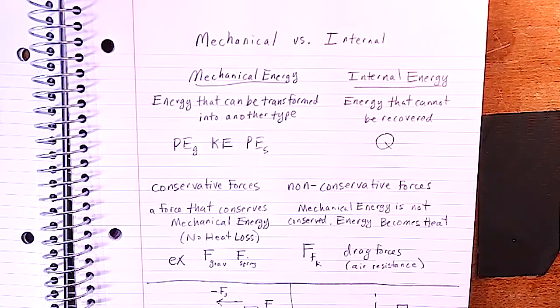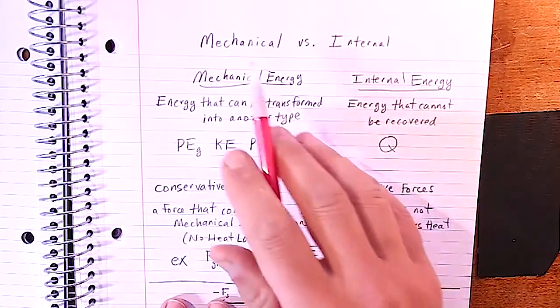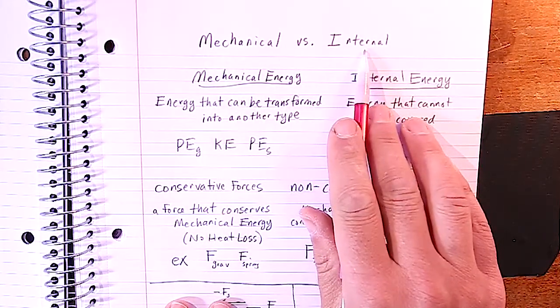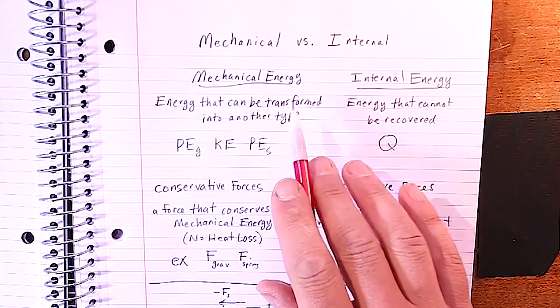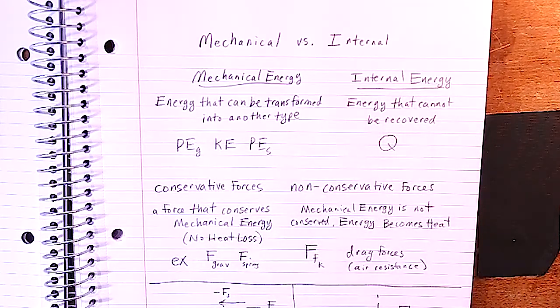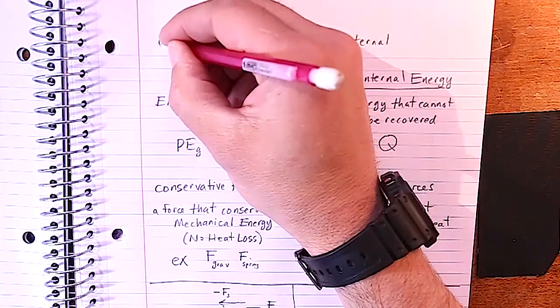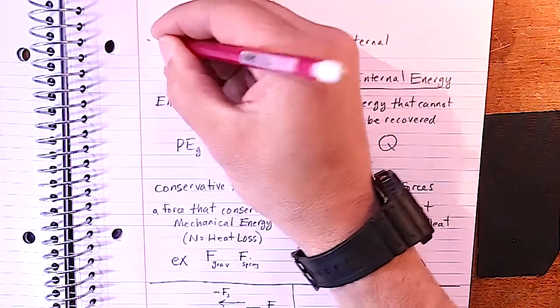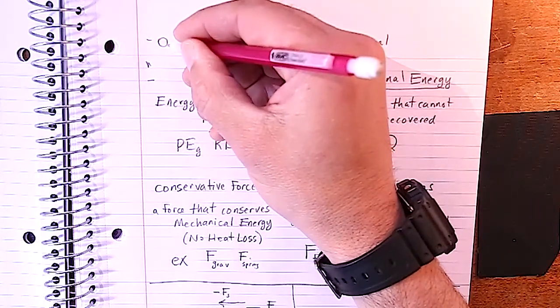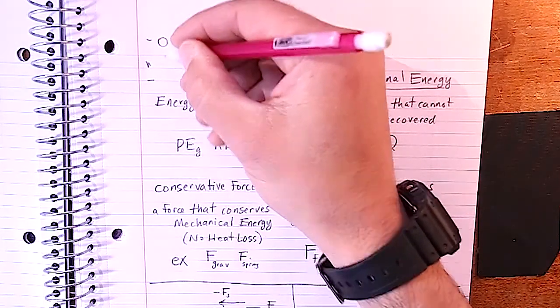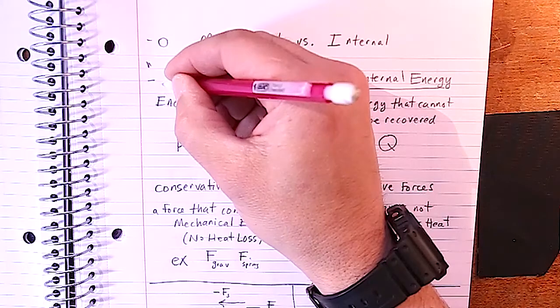Coming back to two major distinctions between types of energy: mechanical and internal. So mechanical energy can be transformed into another type. For example, if we have a block or a ball that's up in the air with height, it has energy, and when we let it go, it can turn into kinetic energy.